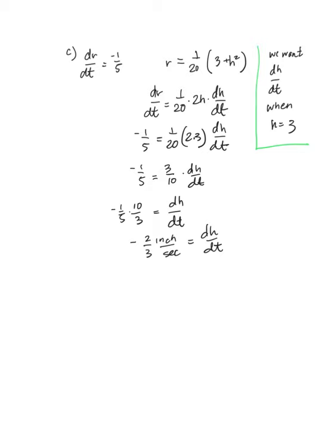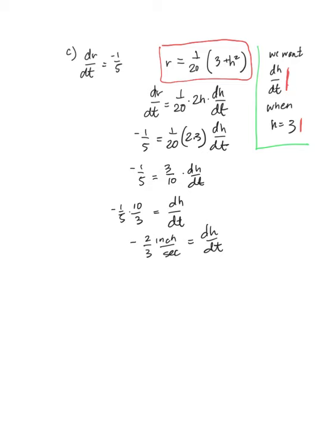Part C happens to be a related rates question. So again, what we're looking for is the rate at which our dh/dt is changing. We want to know what dh/dt is when h is 3. Well, again, we're given this r equals 1/20th of 3 plus h squared in the stem of the problem.